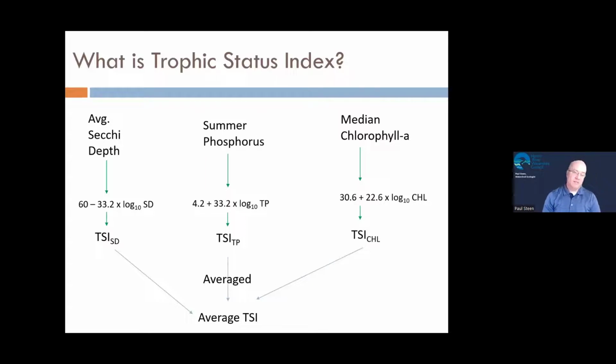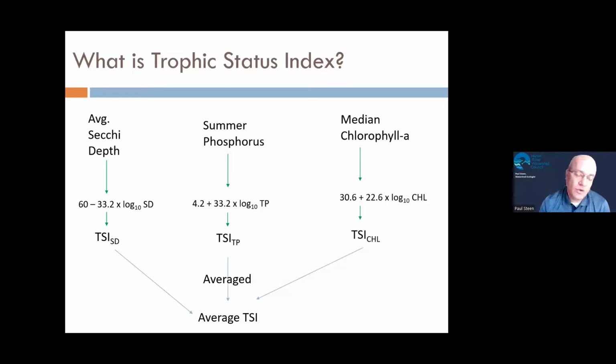But a scientist by the name of Carlson came up with a way to scale each of these to put them on basically the same scale, for lack of a better word. Putting them so that they can be compared to each other just by transforming them mathematically.